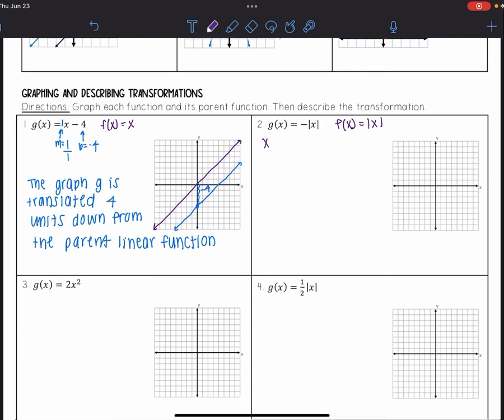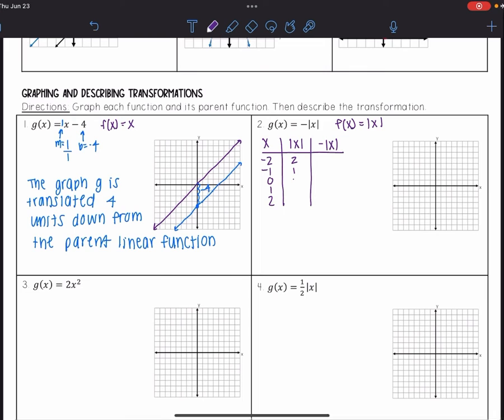So of x, I'm going to put my parent function next, and then my function g. And go ahead and graph 5 points. So when I plug in negative 2 into the absolute value of x, I get the absolute value of negative 2. Well, the absolute value of a negative number just makes it positive, and so this is going to be positive 2.